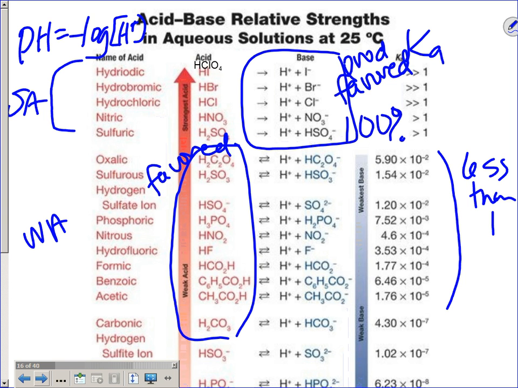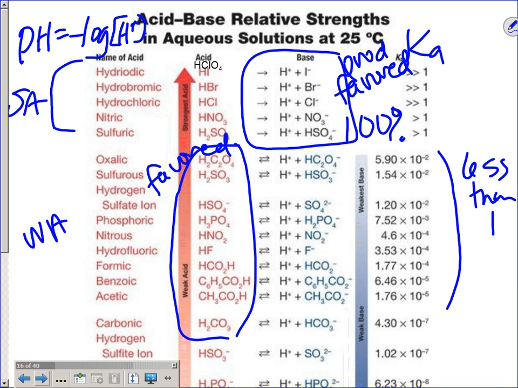Okay, that's a good question. If I make a ton of H+, my pH goes way down. If I make a couple of H+, my concentration's not high, so I'm going to be closer to 4, 5, 6 on my pH scale, not 0, 1, and 2. Does that make sense? So strength does relate to pH as well, because you're making a lot of H+, or you're not. You're still an acid, you're just not making as many as the other ones are.